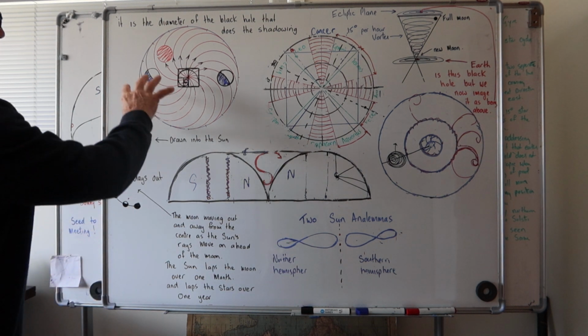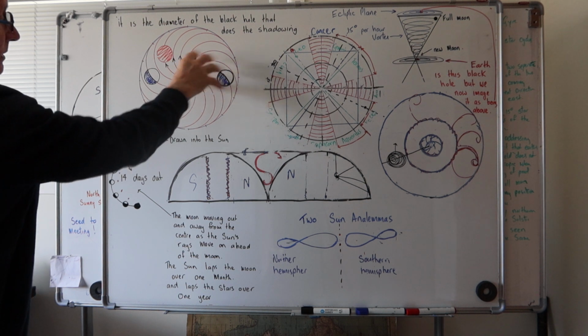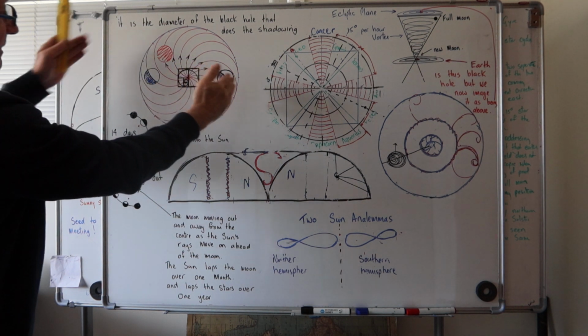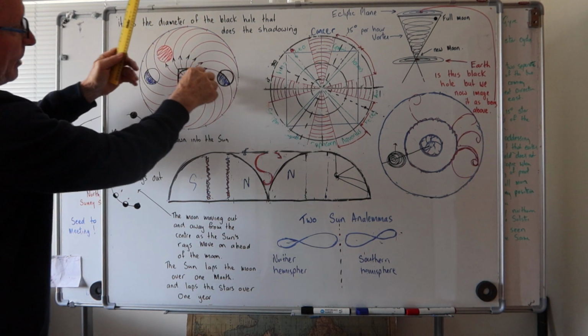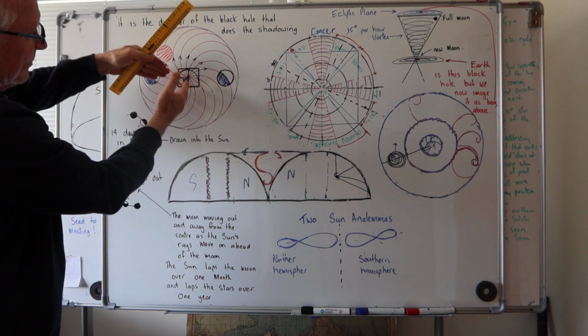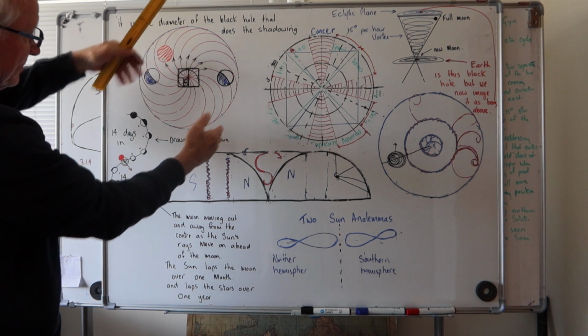So as the sun's catching up and approaching, the moon's getting drawn into the centre, winds back in. The sun is drawing it back in. And then as the sun passes it, the sun moves ahead, the moon starts coming out, back out again to full moon.